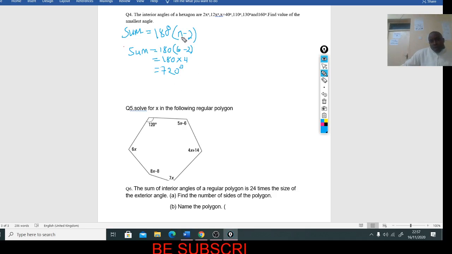If that's the sum, and we are given each of those angles as what we have there, we can equate all of these to this.